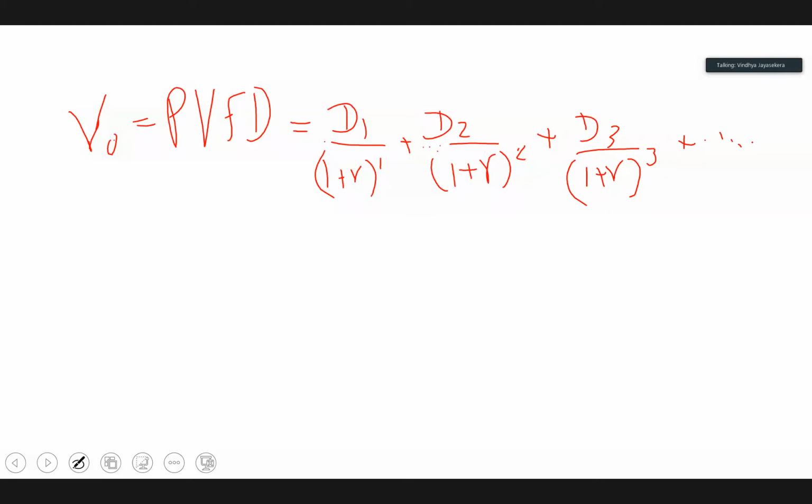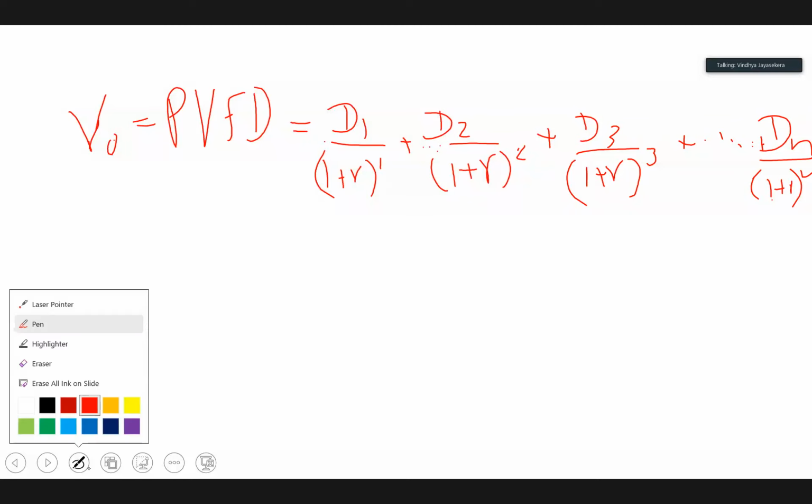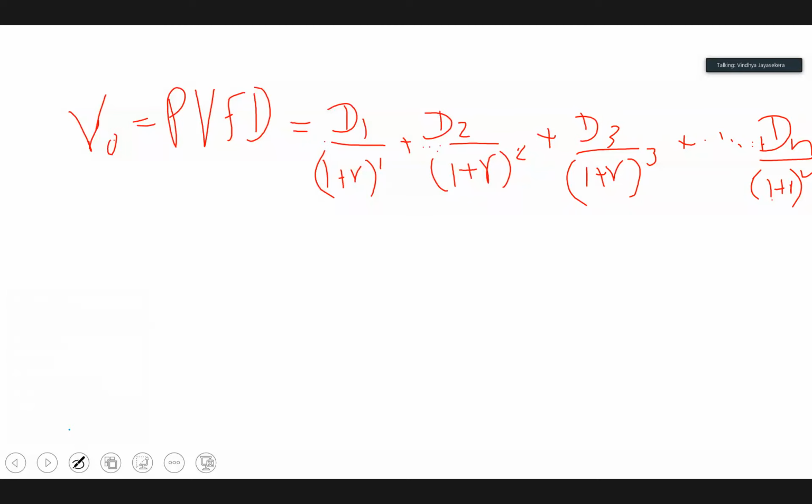Based on the assumption that dividends were equal, we came up with the fact that the value of the share is equal to D1 divided by R, right? Now, in the next iteration, we say, what if dividends were not equal, but there was a relationship between the dividends? Dividends grew at a constant rate.